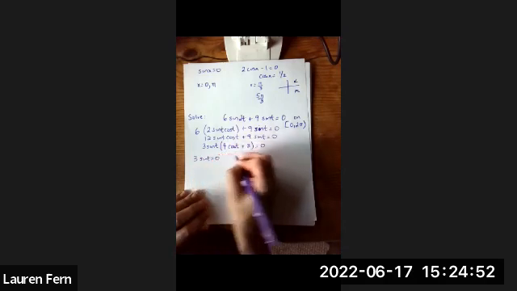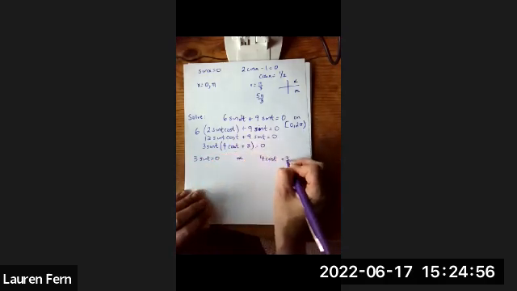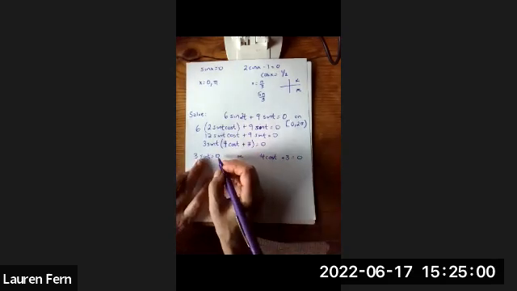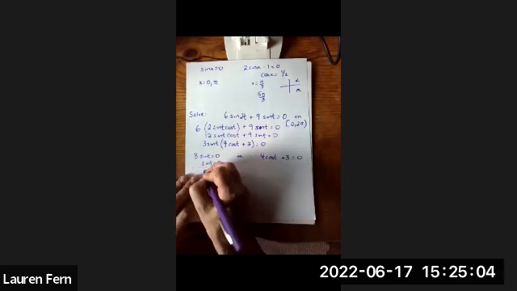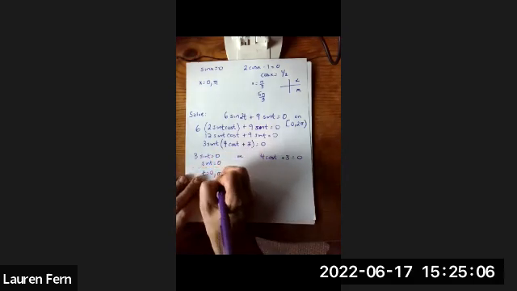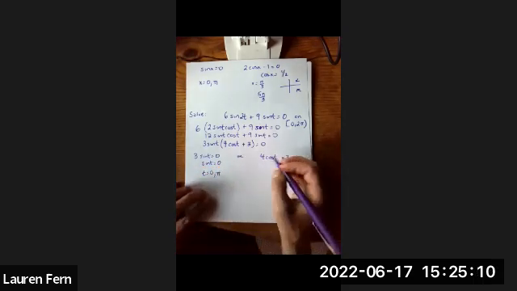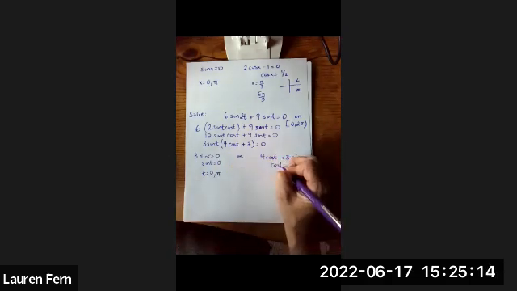So either my first one is 0 or my second one is 0. Well, here to isolate our trig function, we divide both sides by 3. And again, we're going to get t is 0 and pi. Here, if I isolate my trig function, I'm going to get cosine t is negative 3/4.